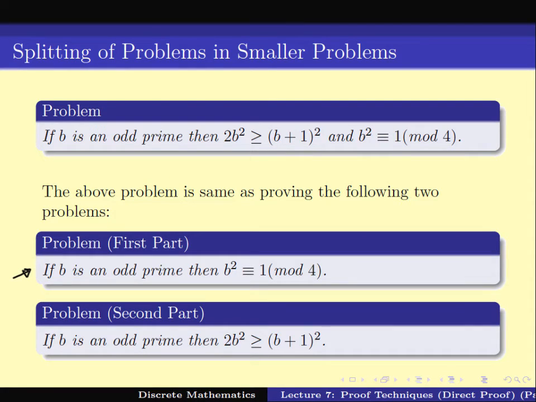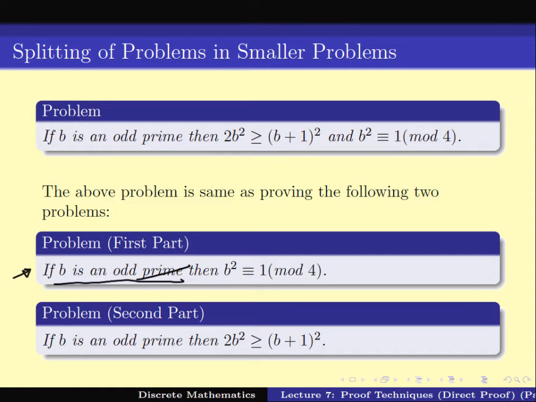We had discussed in the last video what property of odd prime you need here. And as I told last video, all we need here is that b is an odd number. So the primeness is not necessary. If b is any odd number, then b squared is congruent to 1 mod 4.